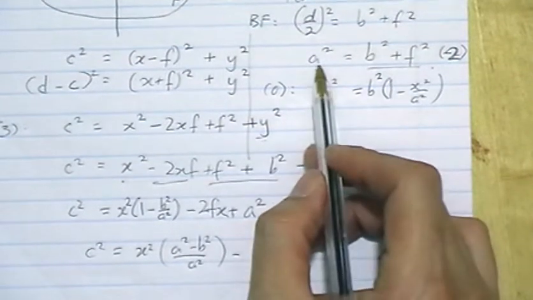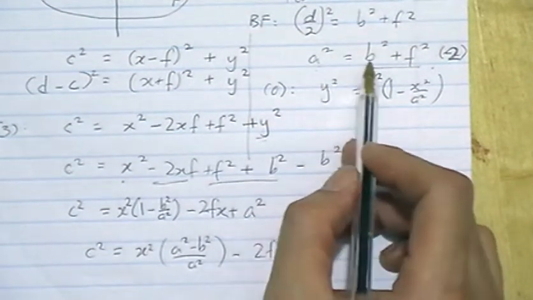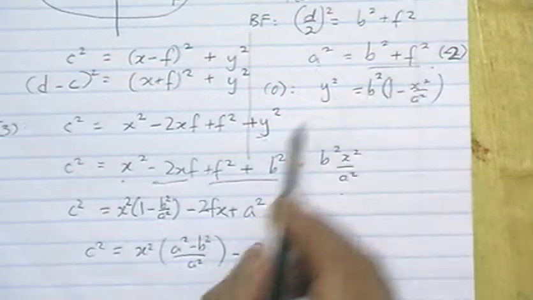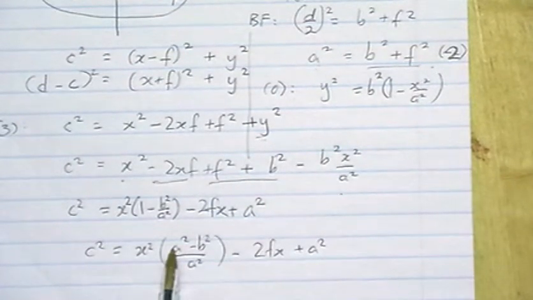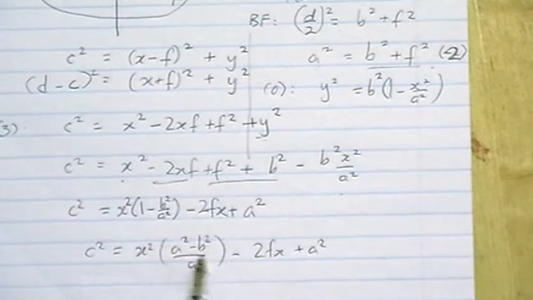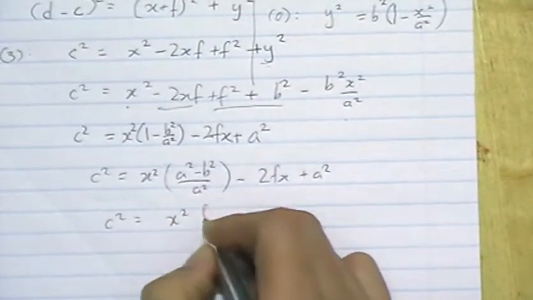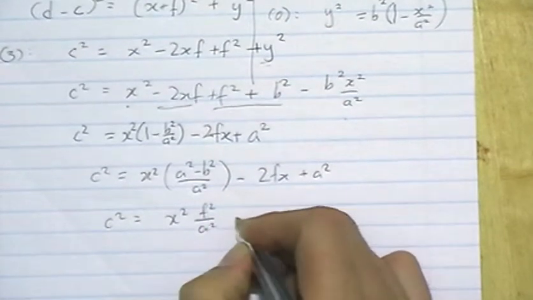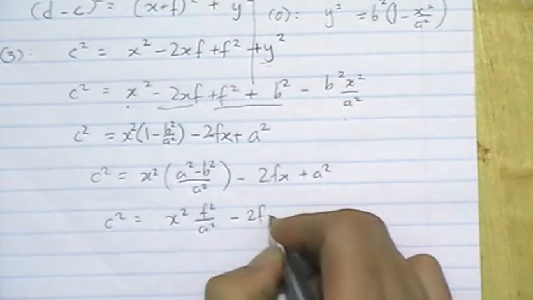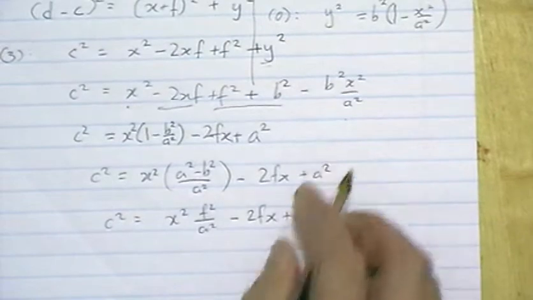And according to this, a squared minus b squared is f squared. Okay, so that's a squared minus b squared, so that's f squared. Therefore c squared is x squared times f squared over a squared minus 2fx plus a squared.